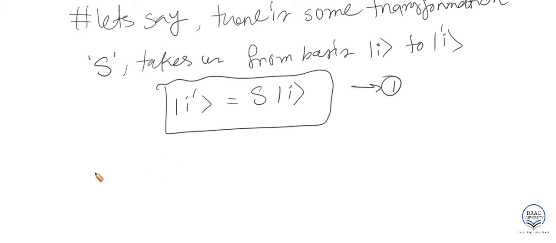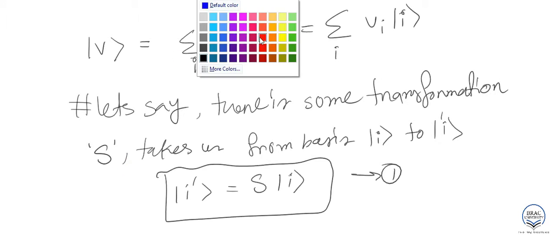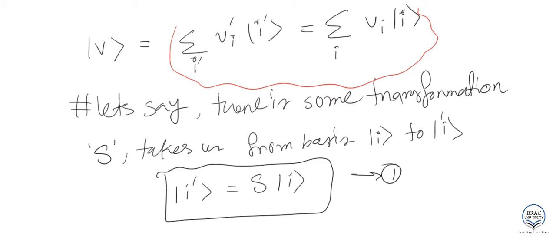So we agree on the fact that the vector itself should be coordinate independent or basis independent. So using this equation over here, we can actually draw a relation between the components V prime and V. So how do we do that?